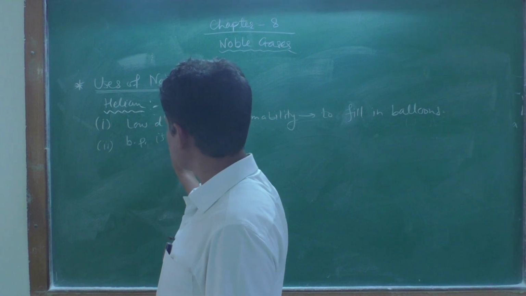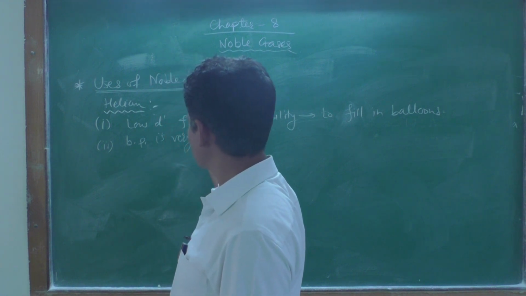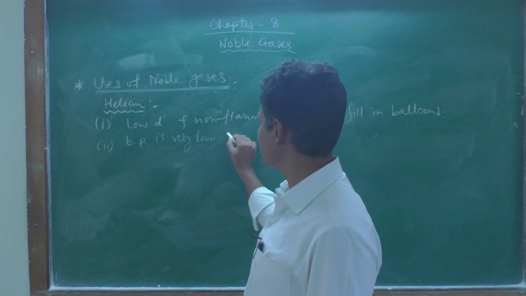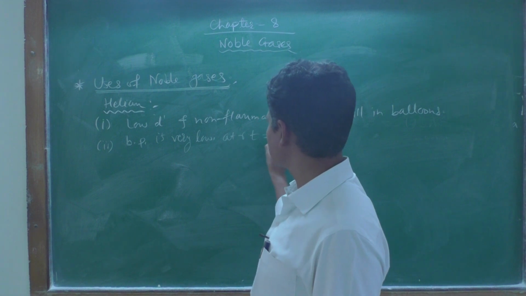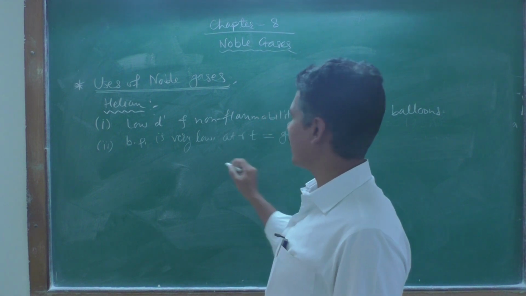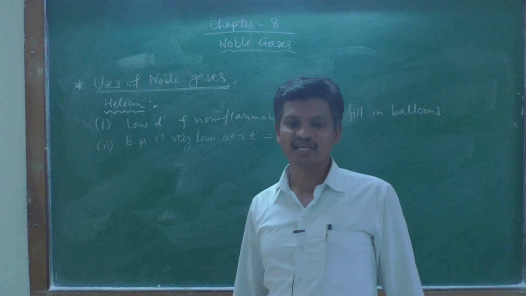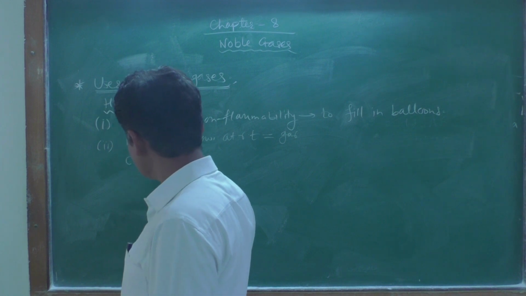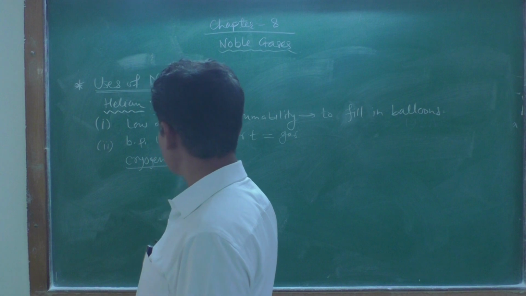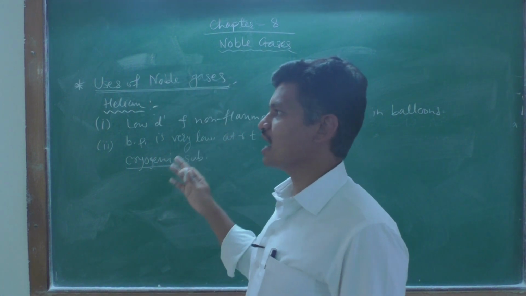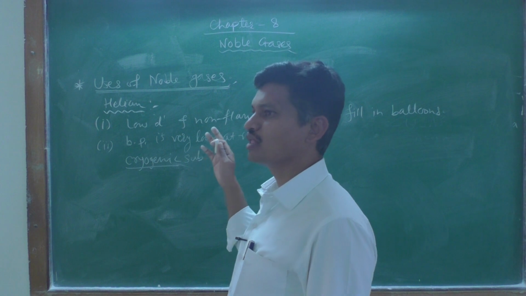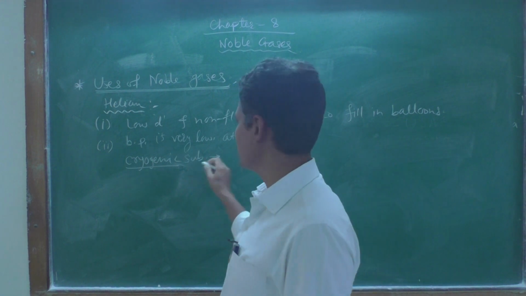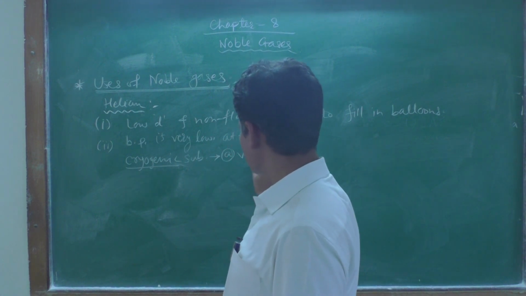That's why at room temperature it exists as a gas, and this property of helium gas is used in cryogenics. Cryogenic means the application of helium at very low temperature.